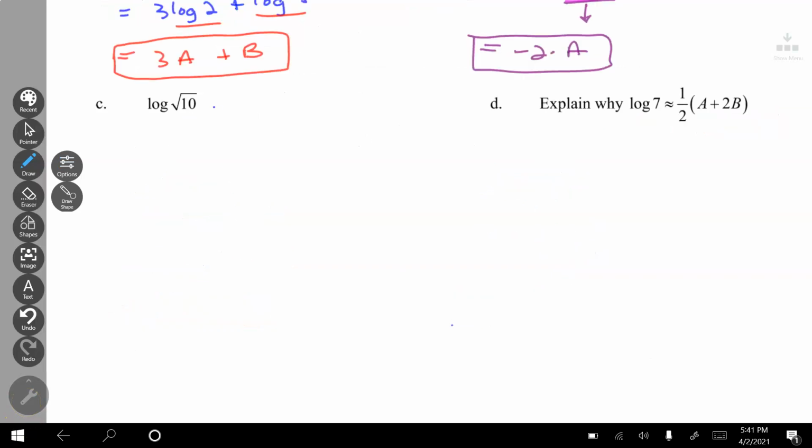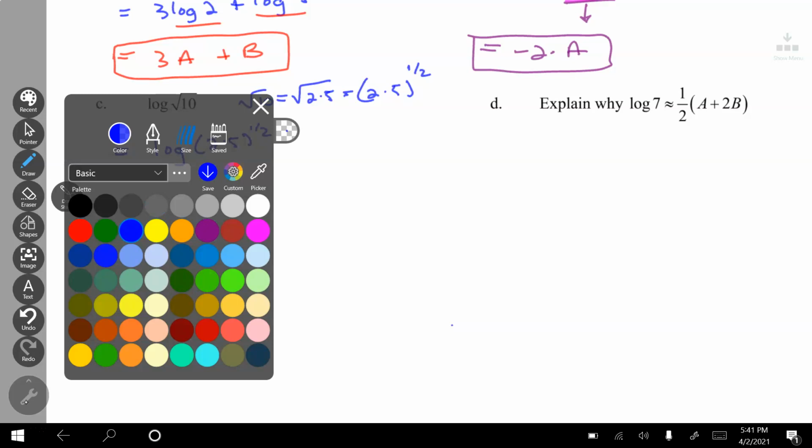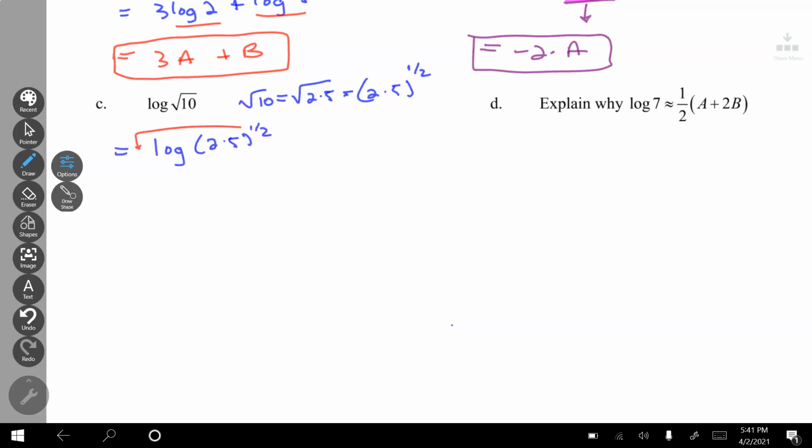So how to think about the square root of 10? Well, the square root of 10 is really the square root of 2 times 5, which is really 2 times 5 raised to the 1/2 power. So I could rewrite this problem as log of 2 times 5 raised to the 1/2. And I know that this 1/2 jumps up front, so I get 1/2 log of 2 times 5.